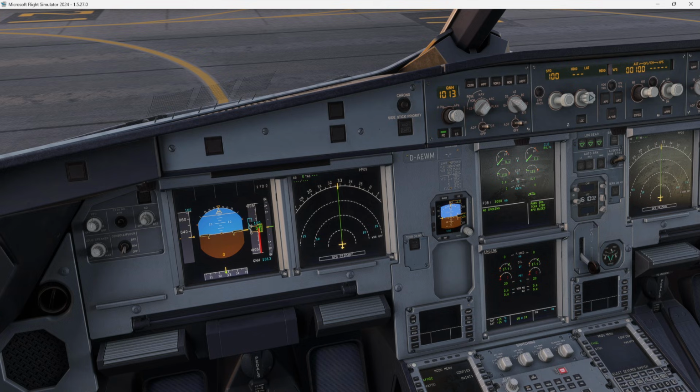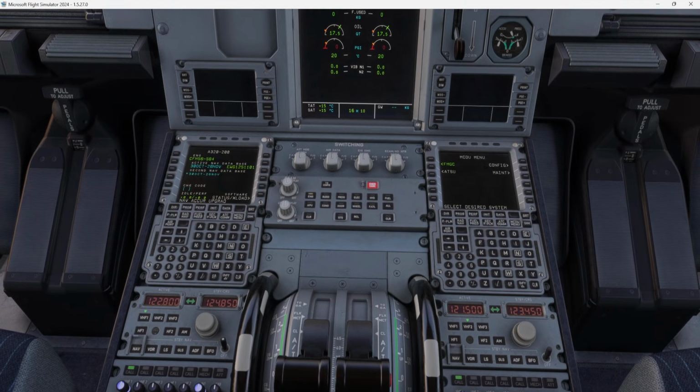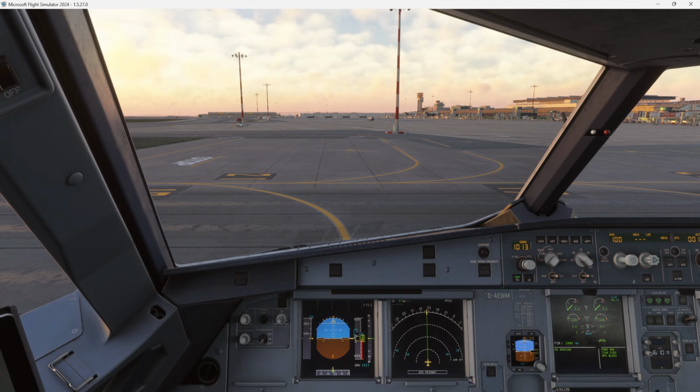Today I'm going to talk about the CFM 56-5B, the engine we are going to discuss, which you can actually check here in the MCDU. It is mounted on the wing and is one of the highest bypass ratio engines.